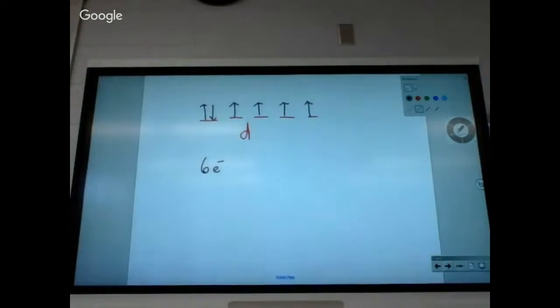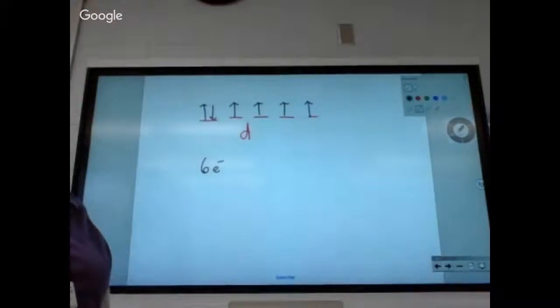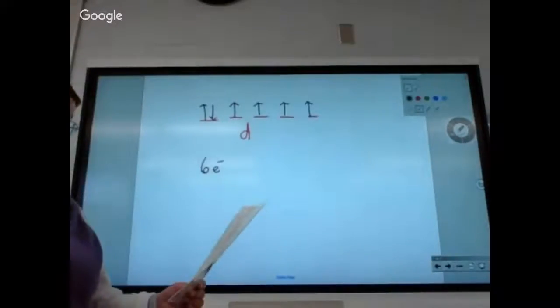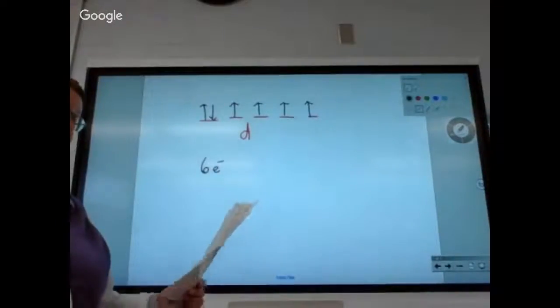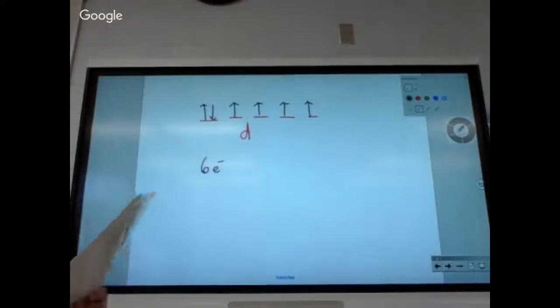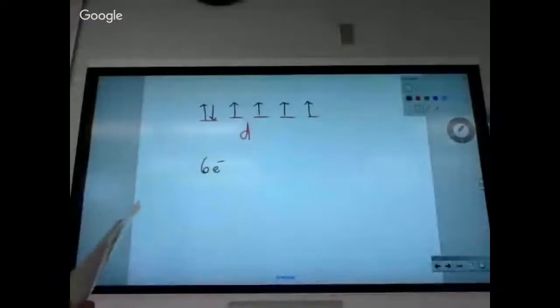In the D sublevel, how do the electrons fill the orbitals? They fill them singles. And then they do what? They double up. So the 6th electron is the one that pairs, because the question says the first element to contain a pair of electrons in the d orbitals. The first one to pair is that 6th electron. Okay? Does that make sense?